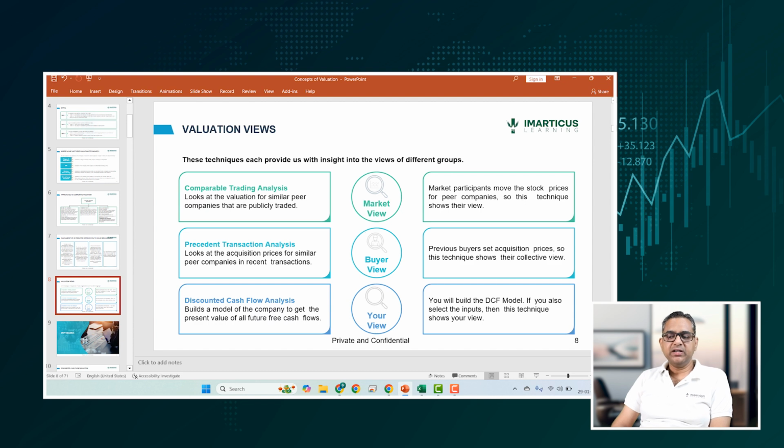So that means different approaches, different techniques are focusing on different things, different views, different perspectives to find out the value of an asset or a stock. And that is why the value that comes out through different approaches could be very different because of that.